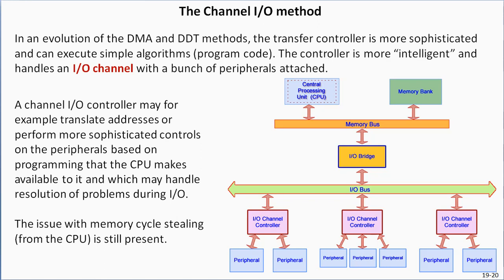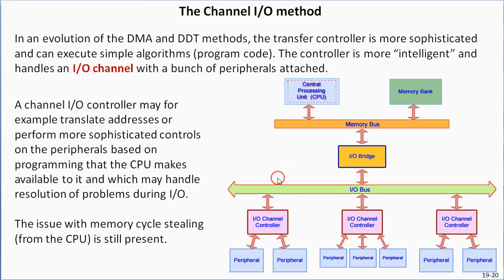The CPU is the one that has to decide and handle problems, if any appear. However, with the channel I/O method, the individual channel controllers are smarter and more capable and can resolve problems as well. They can do that under the control of code, programming that is passed on to them by the CPU.